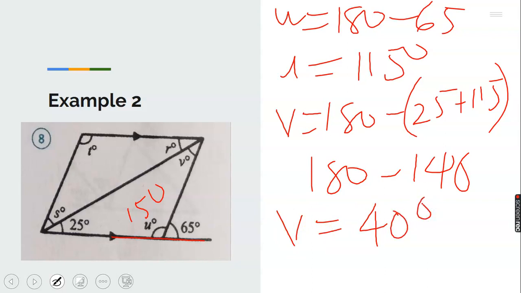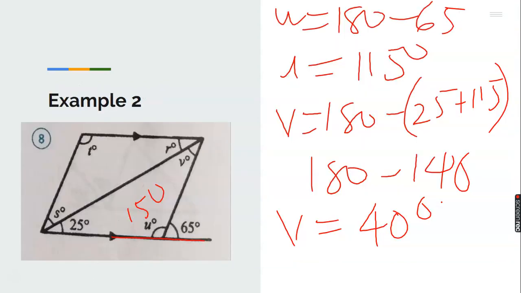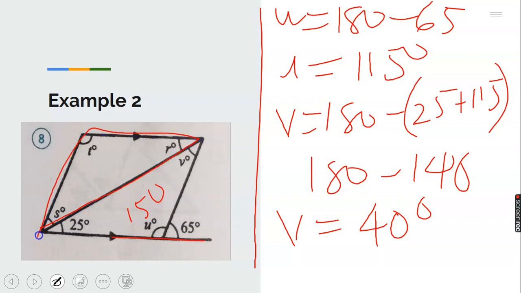The same way, you just look for which ones are alternate to each other, and you find the other angles. There's no space for me to calculate all of these again, but I will just explain. It can also be given as an assignment. Now, you can see this place and this place, they are alternate.